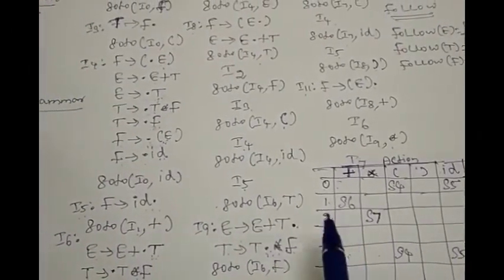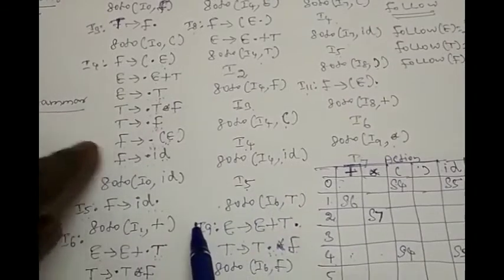And 4 comma T generates item set 2, so simply write it as 2, and item set 4 comma F, write it as 3 here. That's it. Now we have done this. Item set 4 has been completely done.